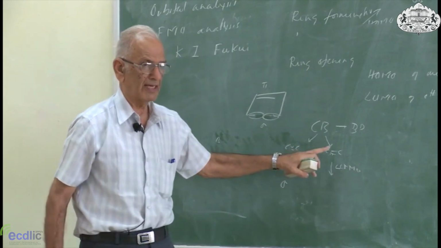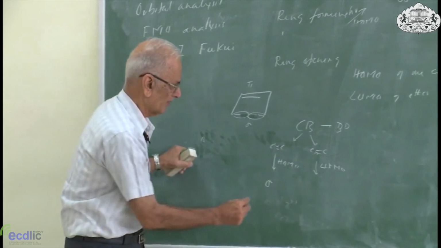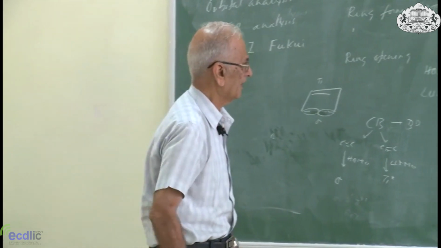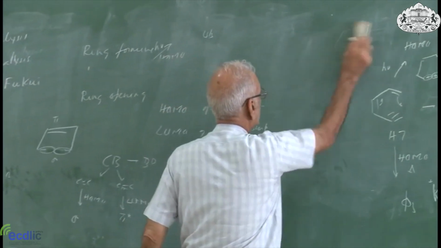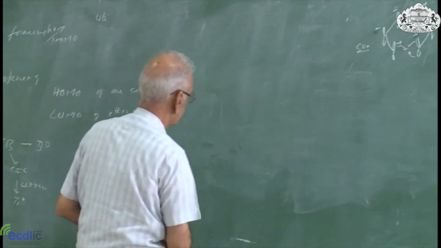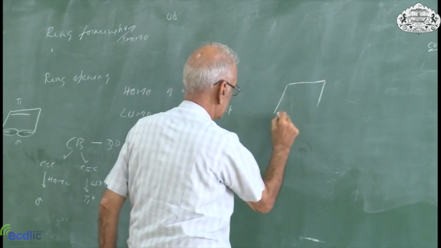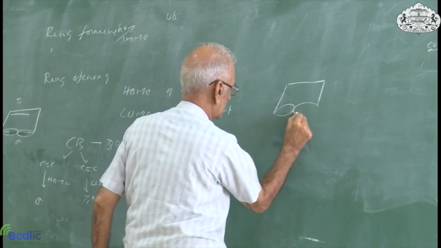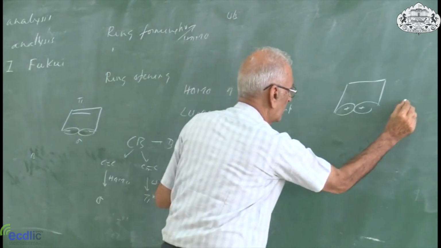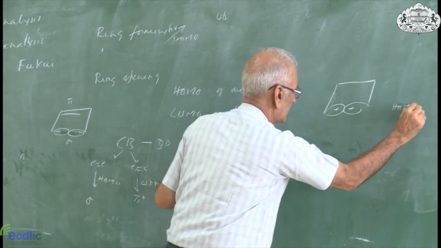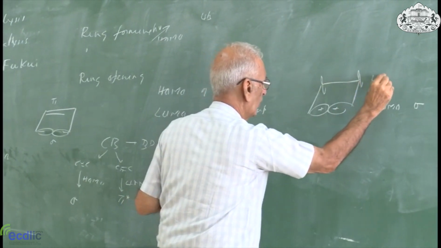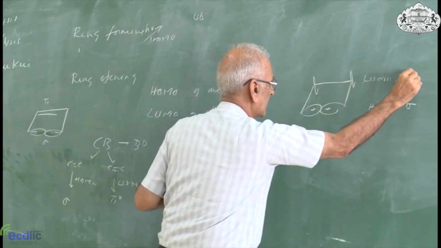So, what is the LUMO of the carbon-carbon double bond? The LUMO of the carbon-carbon double bond will be pi star. Okay. So, this is your HOMO, which is sigma, and this is your LUMO, which is pi star.